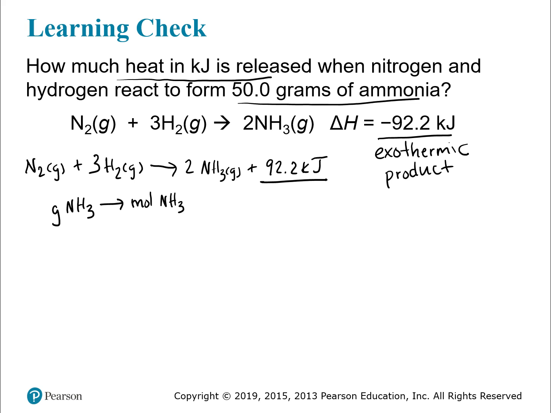Once we have moles of ammonia, then we can use a conversion factor with the delta H and NH3, the number of moles. And that will give us the energy released from this reaction. To go from grams to moles, you need the molar mass of ammonia. We already calculated that before, so I am not going to go through the trouble. That's the molar mass.